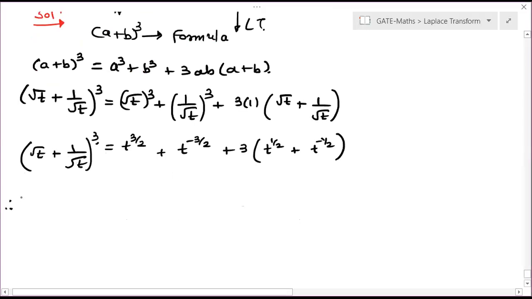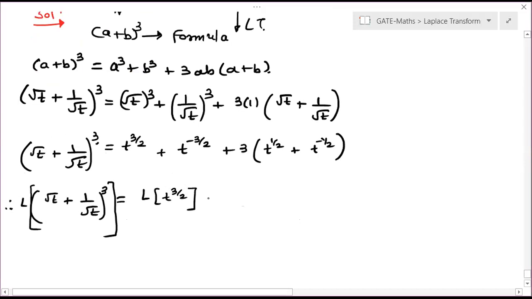Now its Laplace, therefore Laplace of root t plus 1 upon root t whole cube will be equal to Laplace of t to the power 3 by 2 plus Laplace of t to the power minus 3 by 2 plus 3 times Laplace of t to the power half plus Laplace of t to the power minus half.